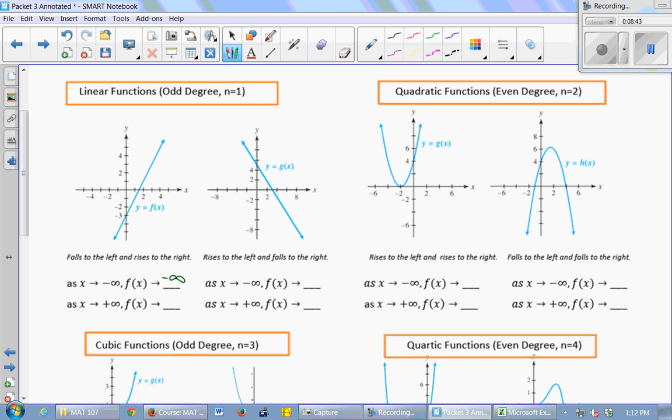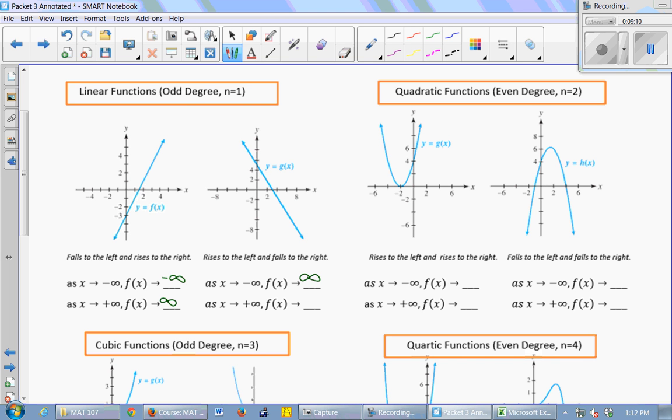And then underneath, it says as x approaches positive infinity, that means as you move to the right, f of x approaches what? Positive infinity. The y values just go up. And then for the line on the right, as x approaches negative infinity, meaning moving to the left, what's happening to my y values? They're going to infinity.